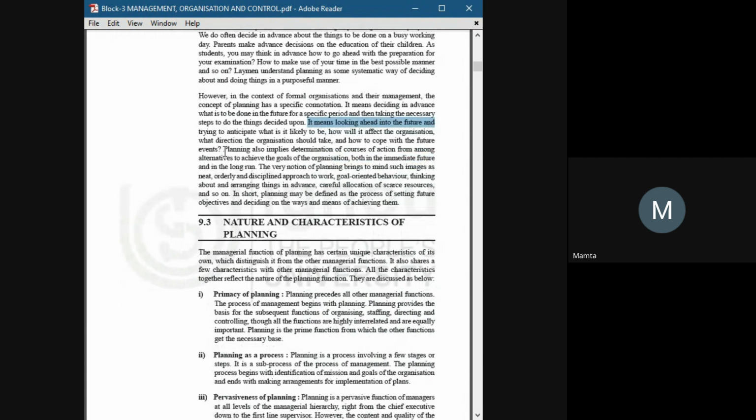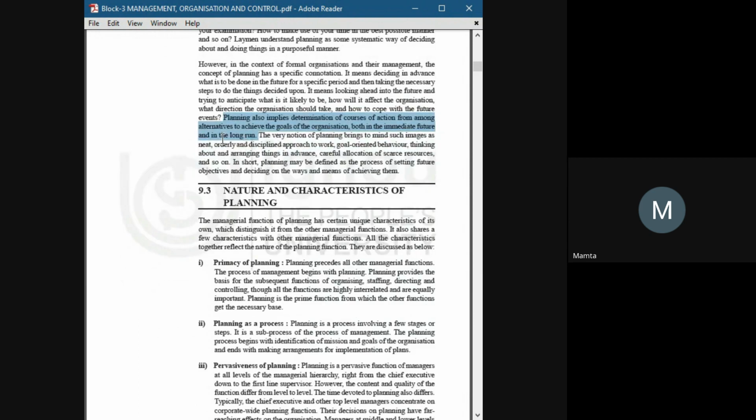Planning also implies determination of a course of action from among alternatives to achieve the goals of the organization, both in the immediate future and in the long run. Your goal, being a company, could be that you want to be at the top of the market in the next 5 years, number one in the market, and that is considered a long-run goal.